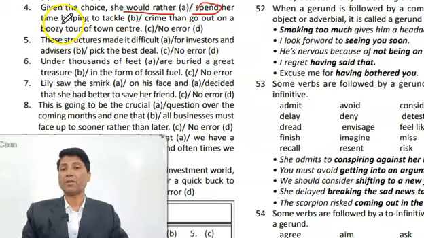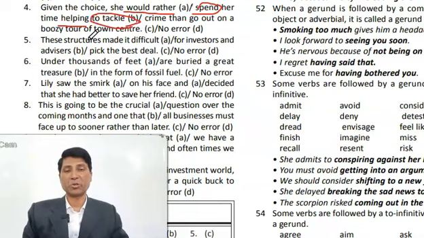Her time helping to tackle. To tackle is wrong, because here helping has been used and we have just studied that verbs like help, make, bid, let are followed by bare infinitive.